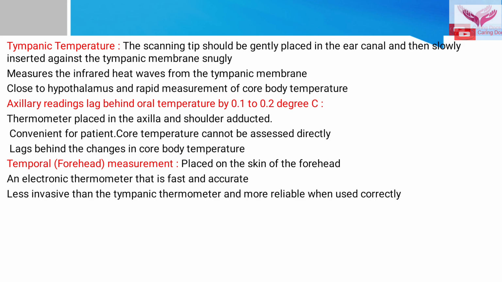The axillary readings lag behind the oral temperature by 0.1 to 0.2 degrees Celsius. Here the thermometer is placed in the axilla and the axilla should be adducted. It is convenient for the patient, but the core temperature cannot be assessed directly. It lags behind the changes in the core body temperature.